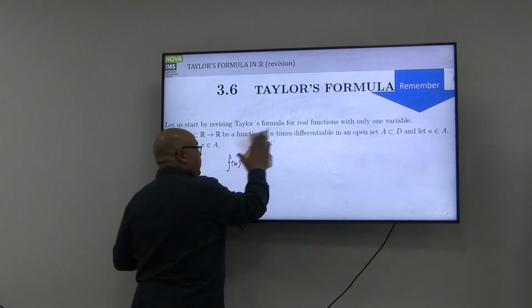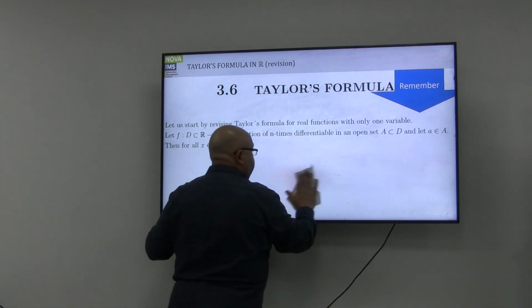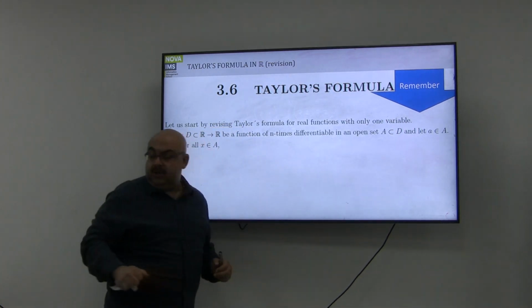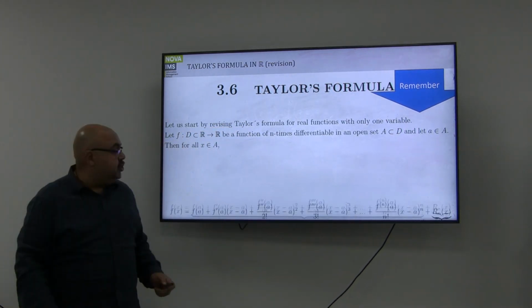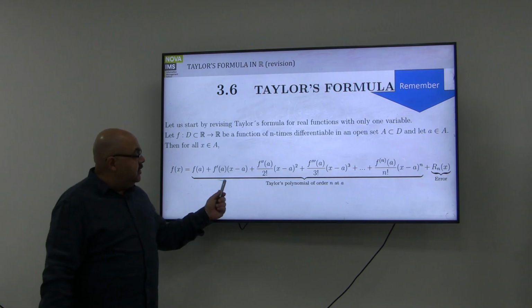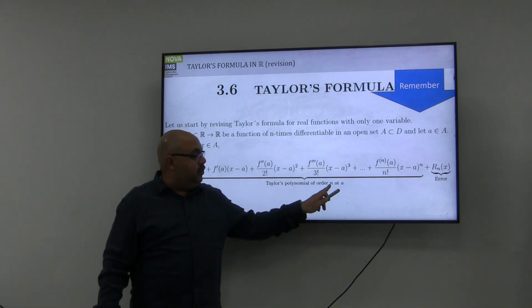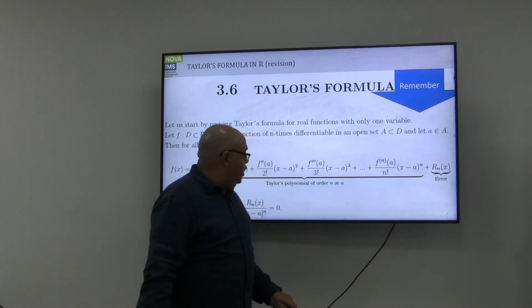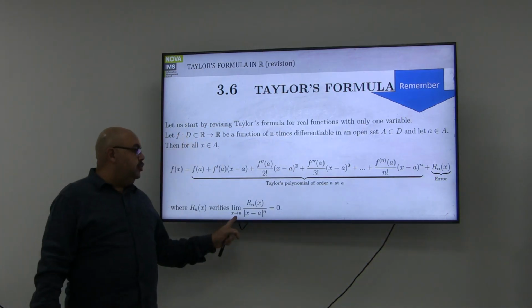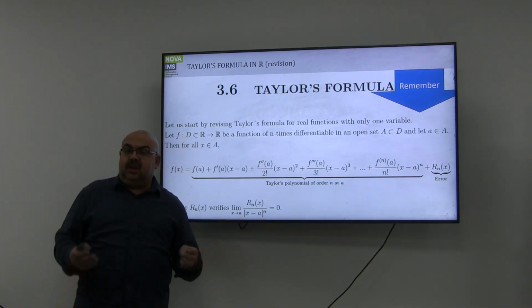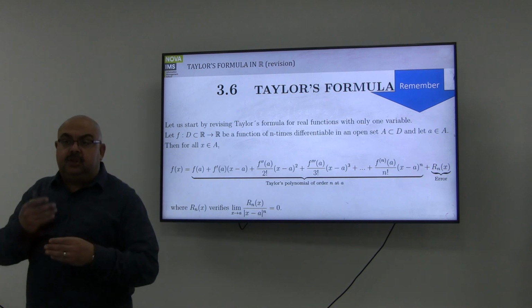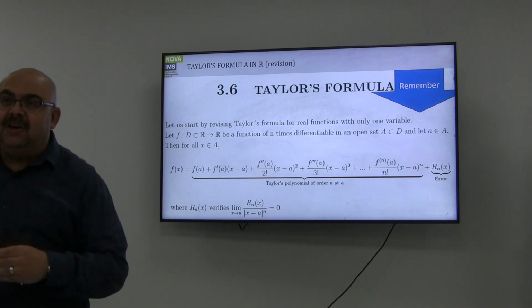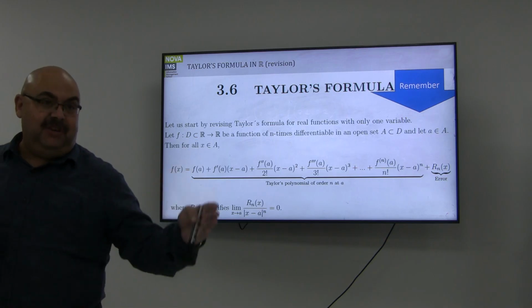Once more, the law of the Taylor polynomial expansion is really very simple. This is the Taylor polynomial of order n at point a, and that's the error or the remainder term. As I told you, the remainder term is exactly the term that we were using, if you remember, in differentiability.